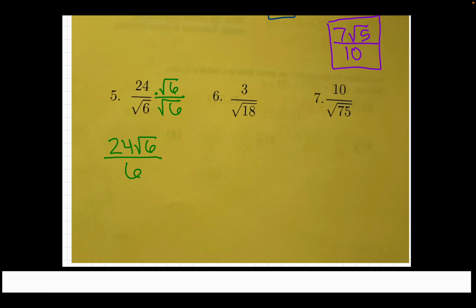Okay, now let's double check. Can we reduce 24 and 6? We can. 24 divided by 6 becomes 4 square roots of 6 over 1. But do we need this over 1 part? No, we do not. So just write our final answer as 4 square roots of 6.